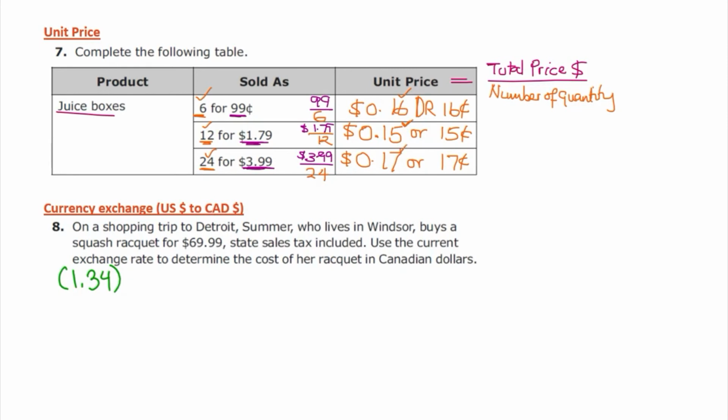So you notice that there is a little bit of fluctuation in the unit price when I'm doubling the quantity of the juice boxes.